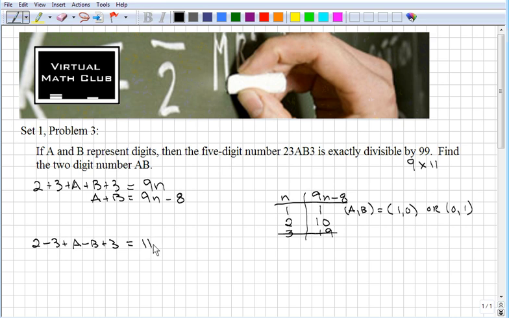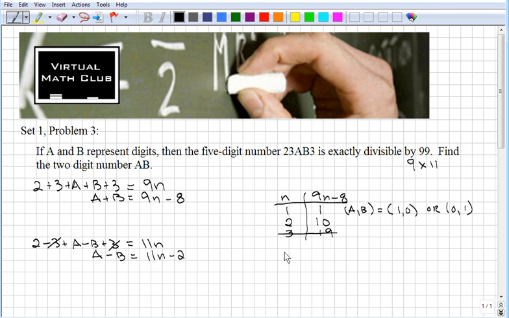So I'll just write that as 11n. 0 is a multiple of 11 as well. Again, we can use algebra to rearrange this equation. Now we have a negative 3 and a positive 3, and that would just be 0. So we can write this as a minus b is equal to 11n minus 2.